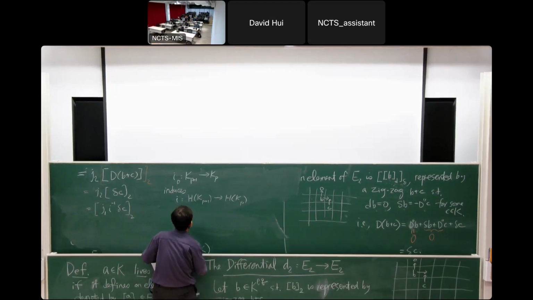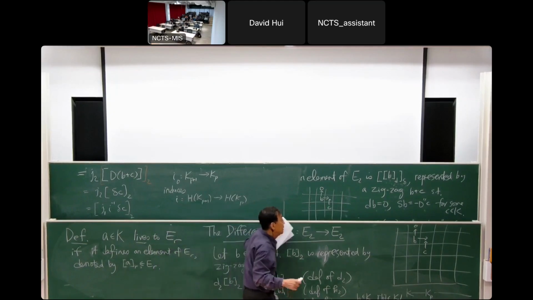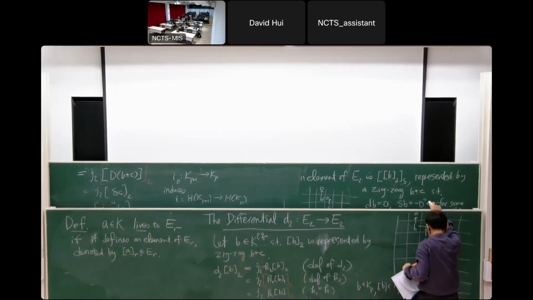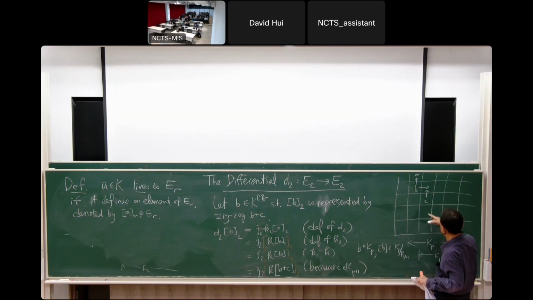So I inverse just means that you have something in, say, K^{P+1}, and then you move it into the previous one, K^P. Now we're looking at delta C.